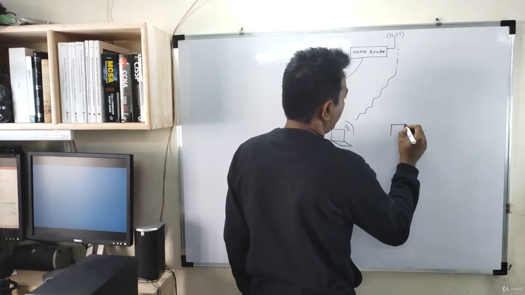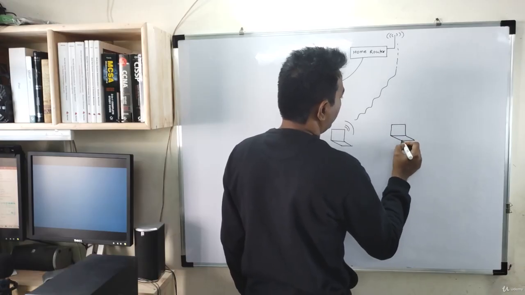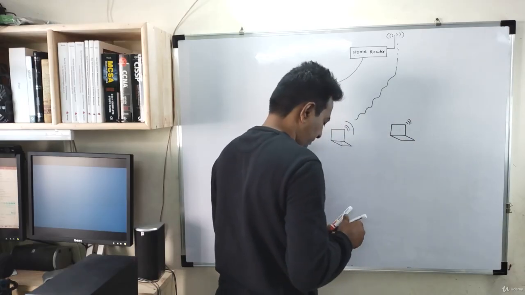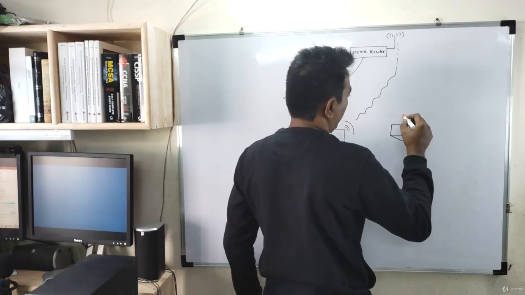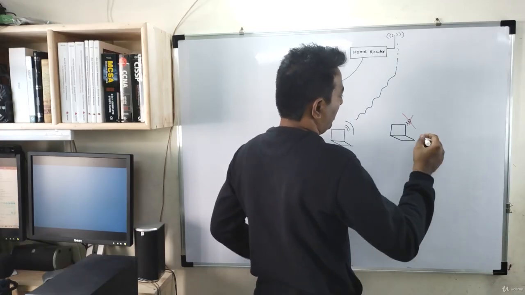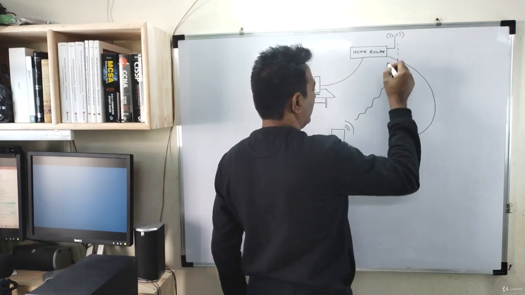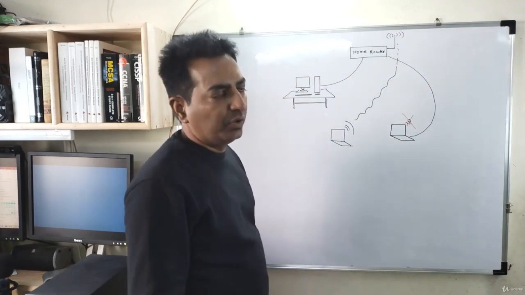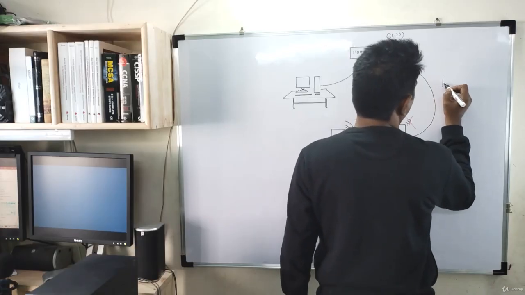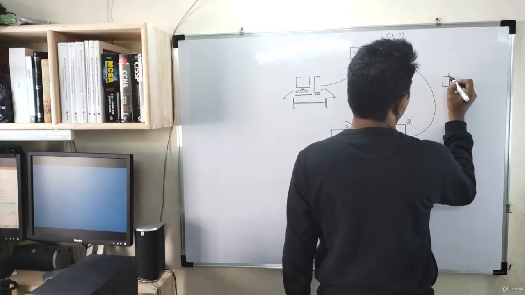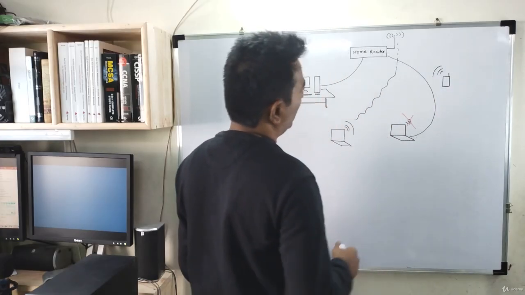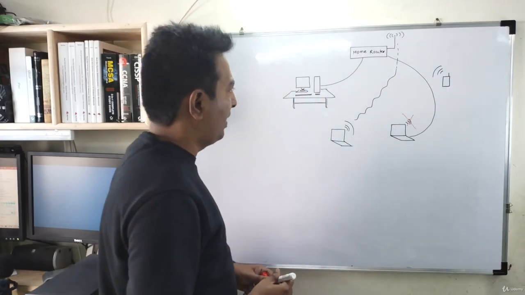I have another laptop where Wi-Fi is not working, so the other option is to connect it back to the home router using a cable. And the next scenario is your mobile phone. Again, this is connected to the home router using Wi-Fi.